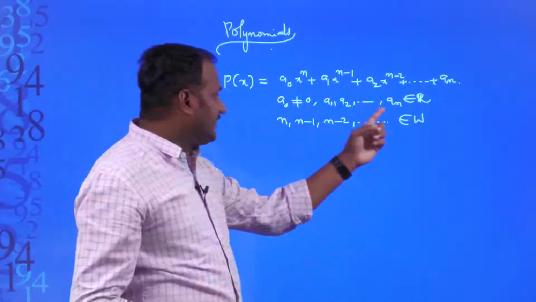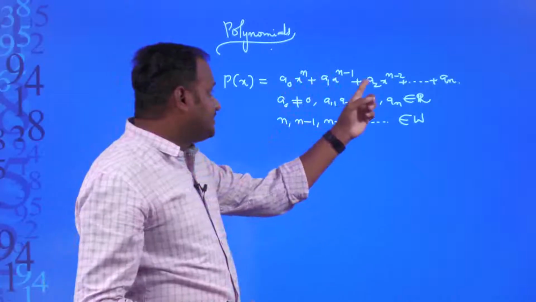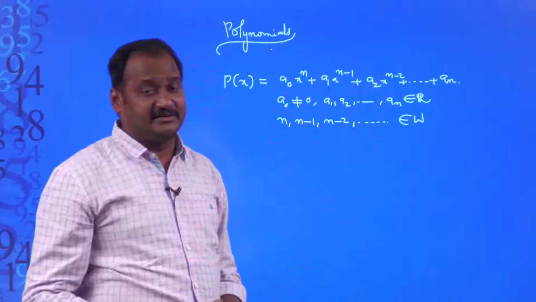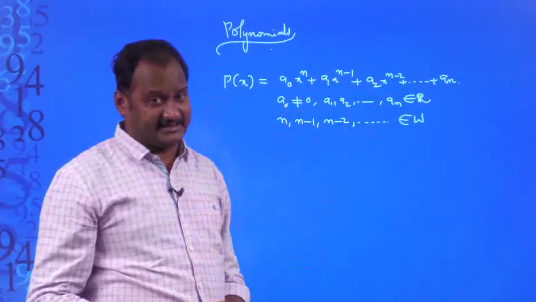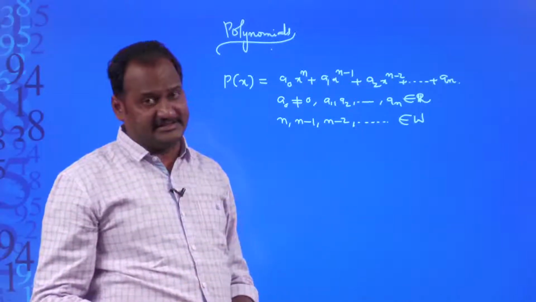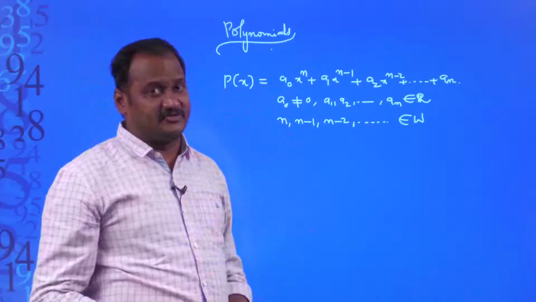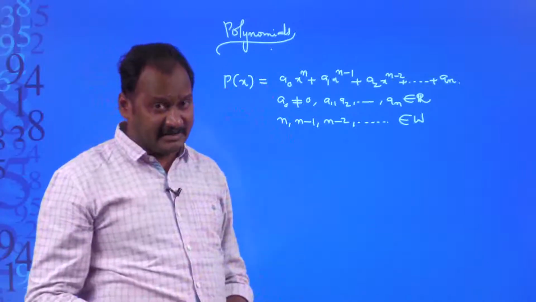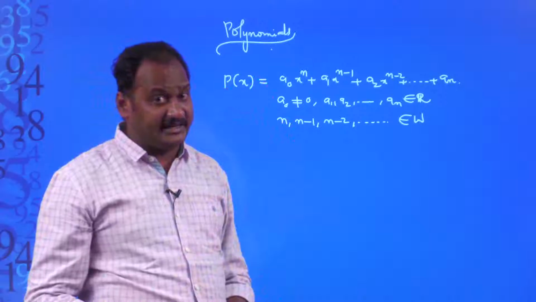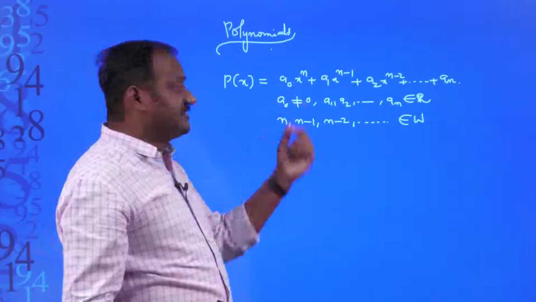All coefficients are real numbers, and n, n minus 1, n minus 2 and so on are various powers of x. These various powers of x are non-negative integers. Then this algebraic expression is said to be a real polynomial, where a0 is not equal to 0.